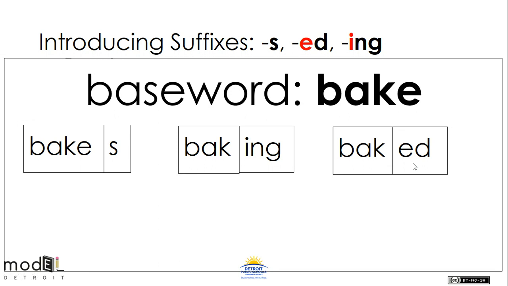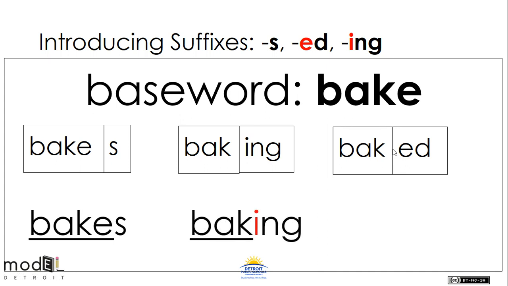When we listened to each of these words, we heard the word bake in all of them. Let's underline each base word and see if bake is in all of them. What do you notice?